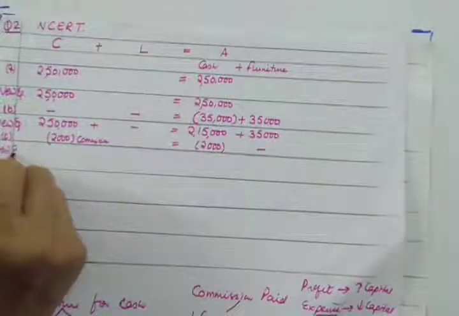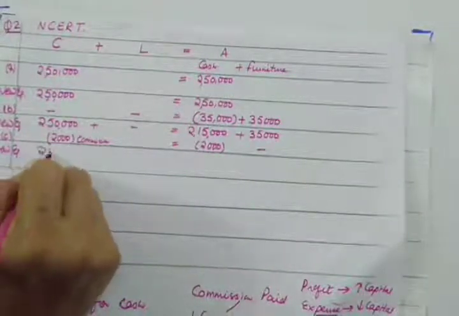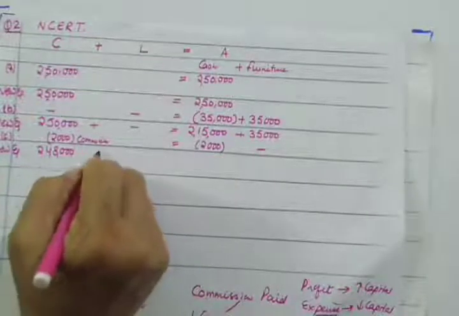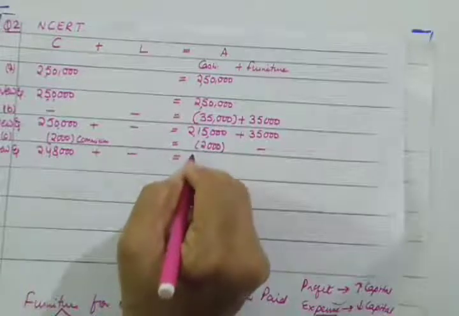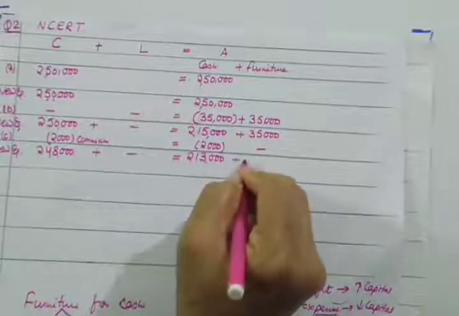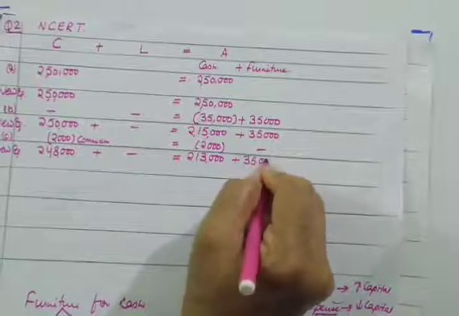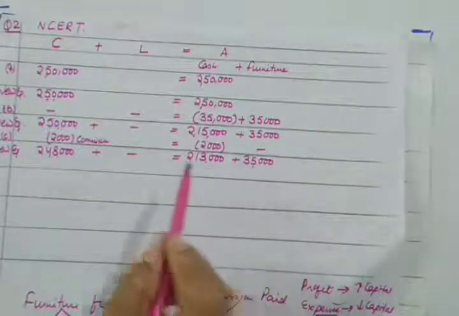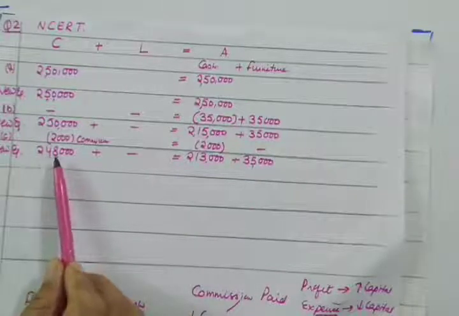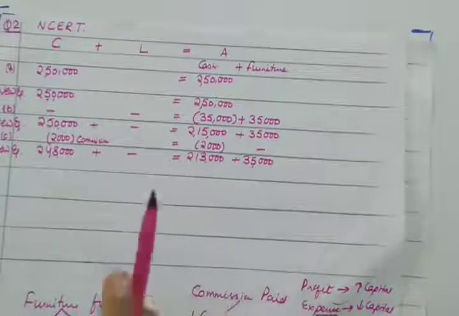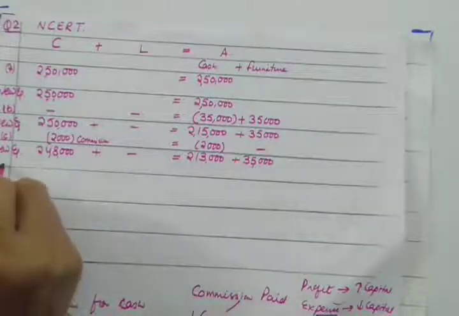Now your new equation will be 2,48,000 here, no change, and this will be 2,13,000, and this will be 35,000. Now let us see whether left hand side is equal to right hand side or not. Yes, it is equal. 248, and this is also 248. It means we are moving in the right direction.